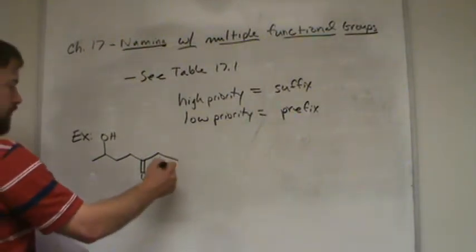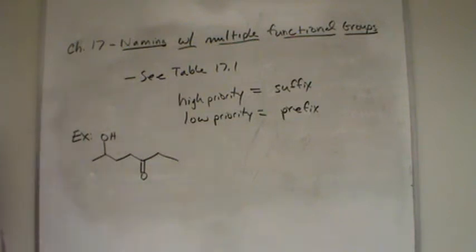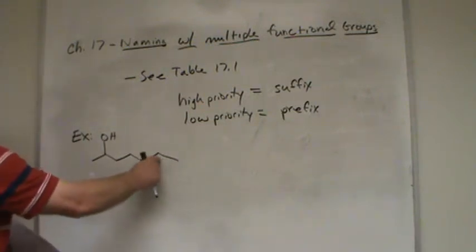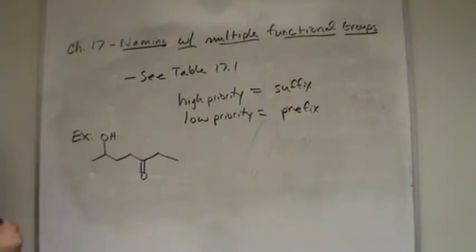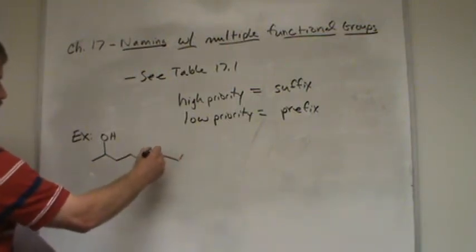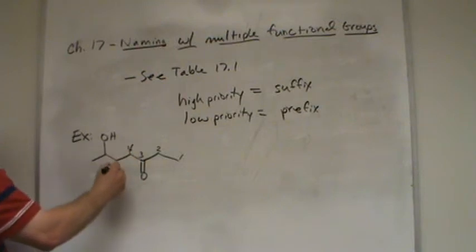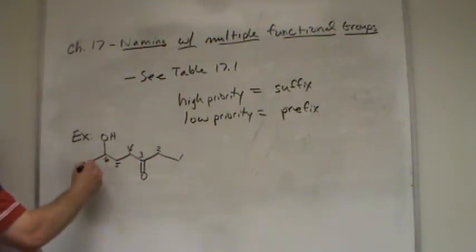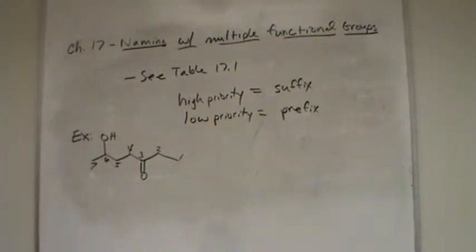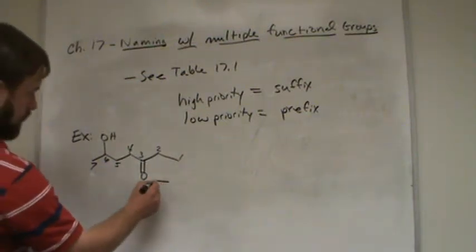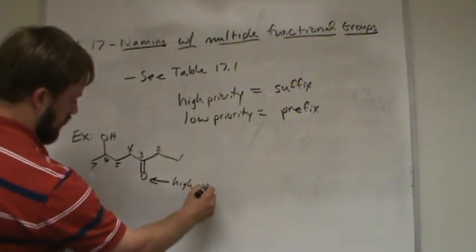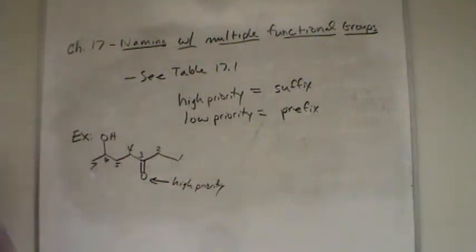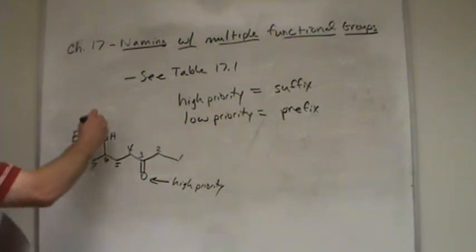So we would number to where our ketone, our carbonyl carbon, gets the lowest number it can. 1, 2, 3 versus 1, 2, 3, 4, 5. So we start from the right: 1, 2, 3, 4, 5, 6, and 7. Our high priority is the ketone. Our low priority is the alcohol.